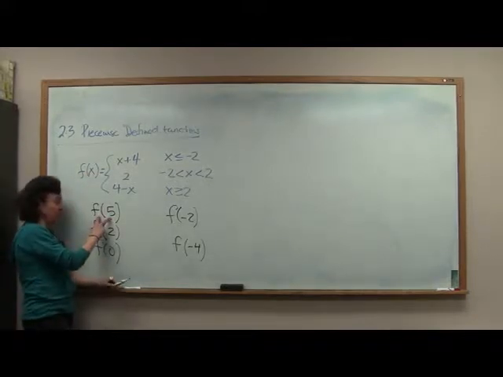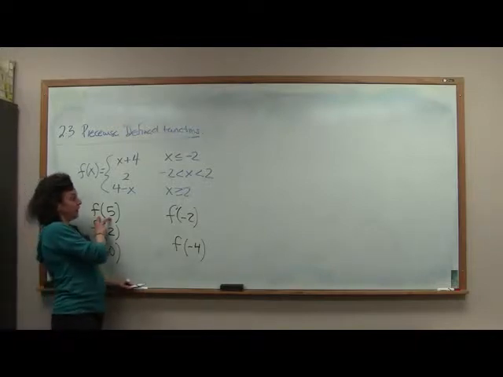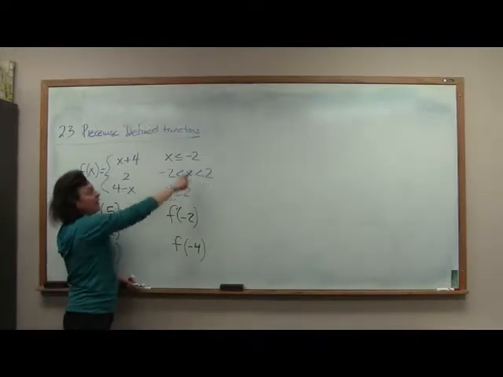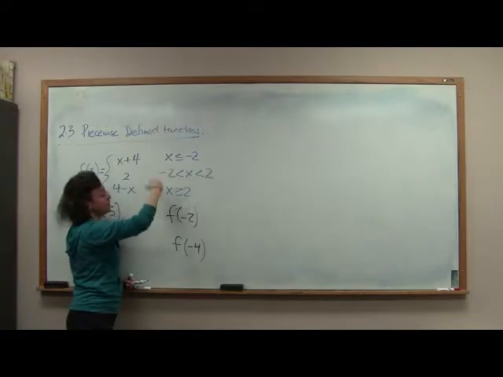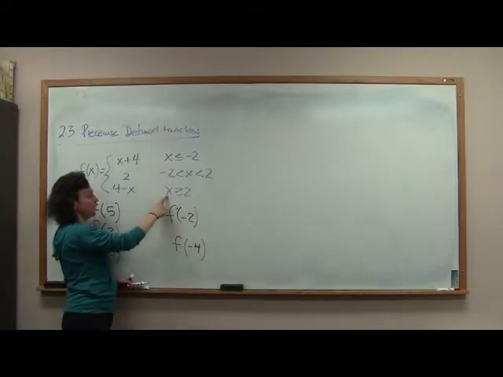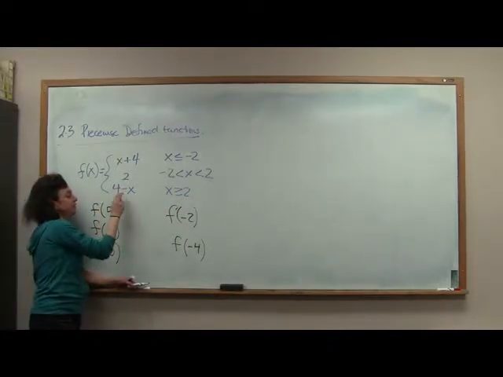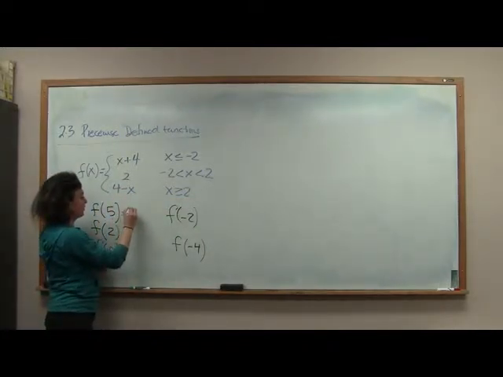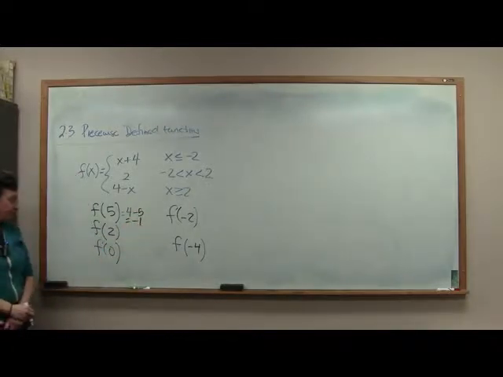Well, let's start here with f of 5. Okay, the way you know is, well, where does 5 fit in with these domains? And I think you'll grant me that 5 is greater than or equal to 2, which tells us, oh, plug it in the bottom function, and we're going to get -1.